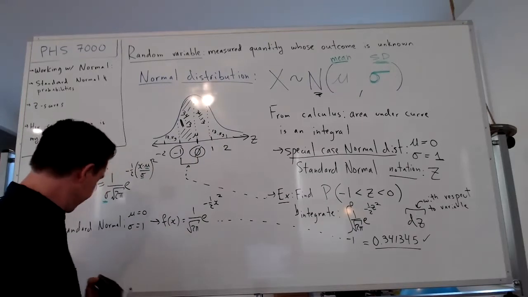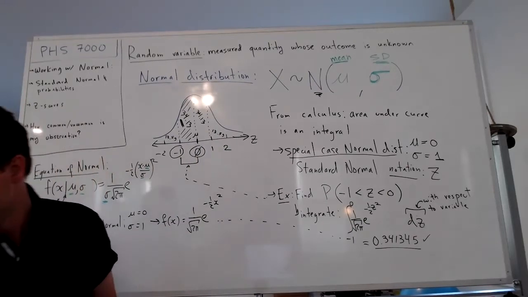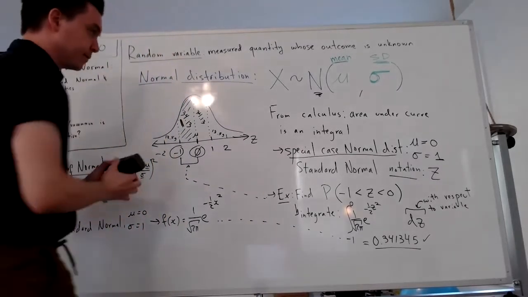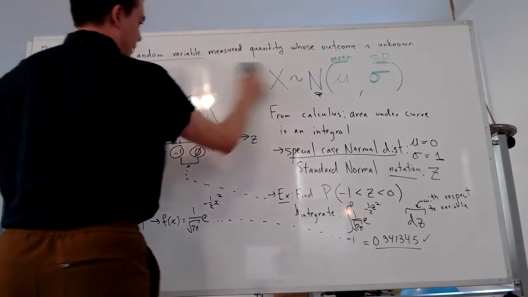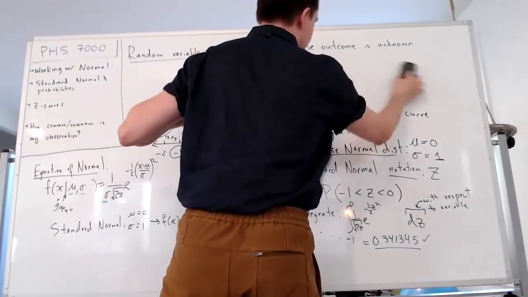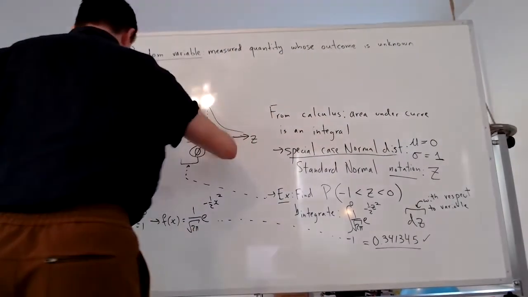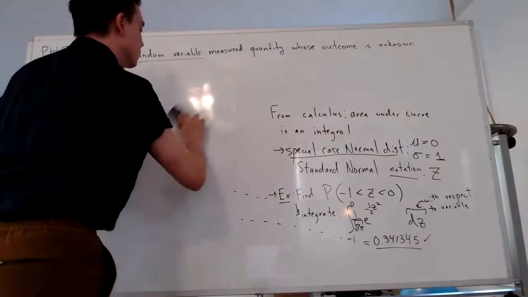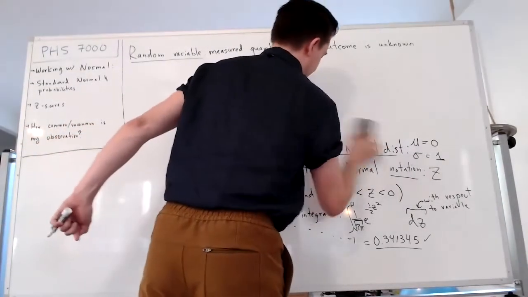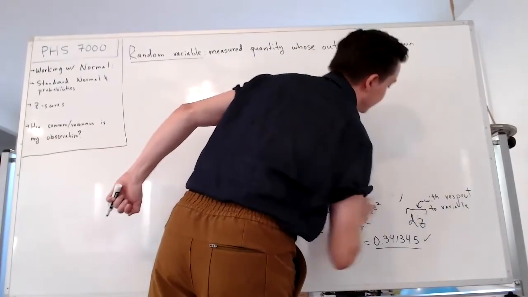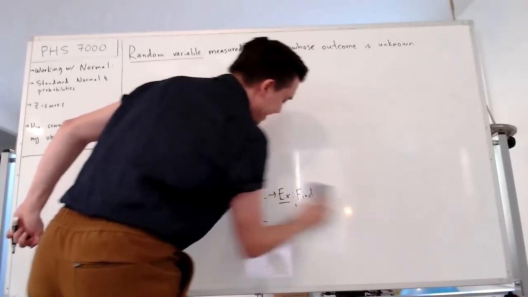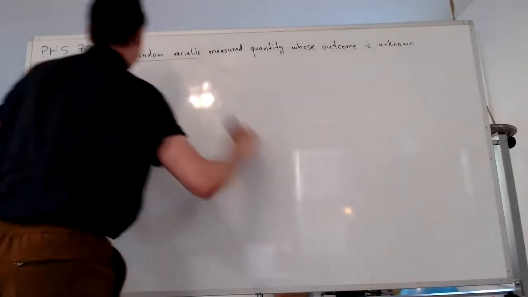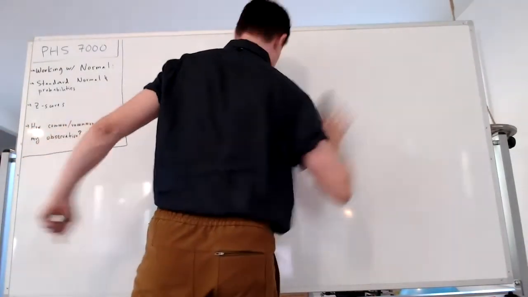So let's work a little bit with an example. Suppose that in the United States, the distribution of body mass index is normally distributed.